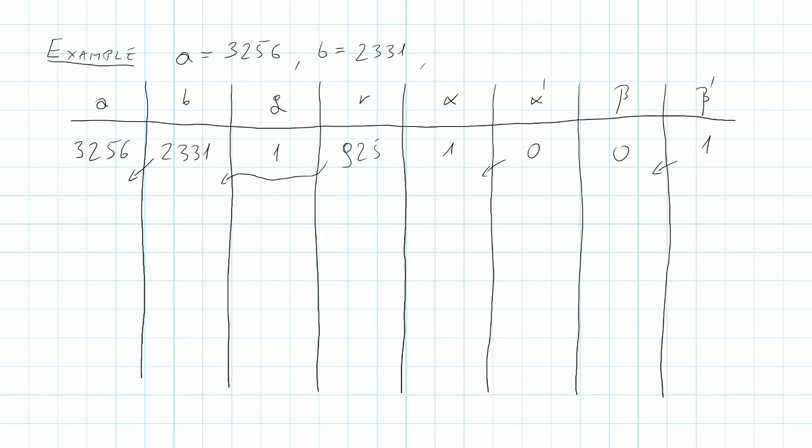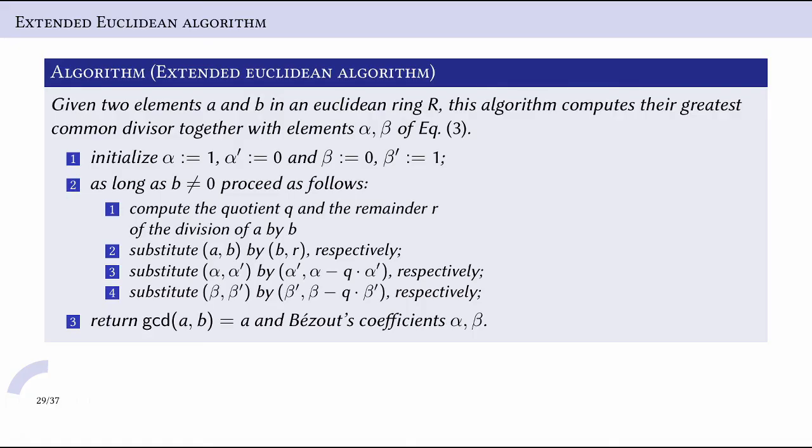So now instead of A we have 2331, B becomes 925, alpha becomes 0, beta becomes 1, and we need to compute alpha prime and beta prime according to the formula. As you see, we need to replace alpha prime by alpha minus q times alpha prime, and the same we need to do with beta.